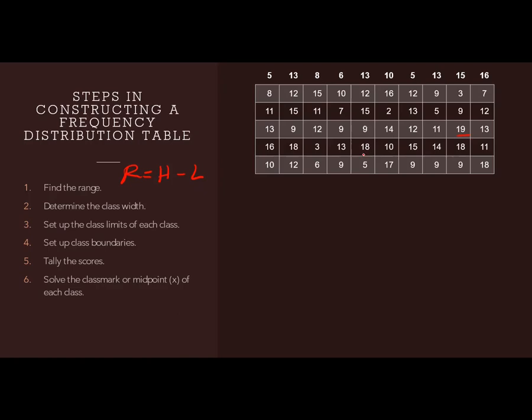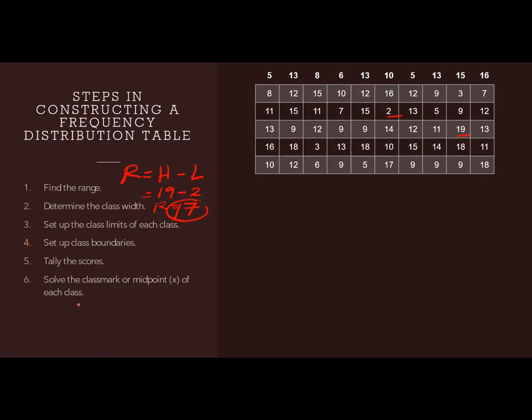And the lowest score here is 2. So 19 minus 2, and our range is actually 17.